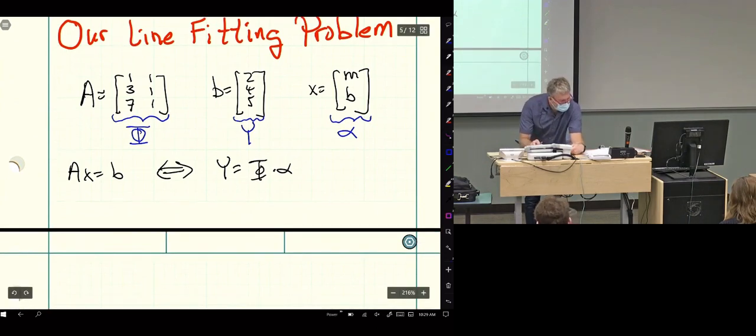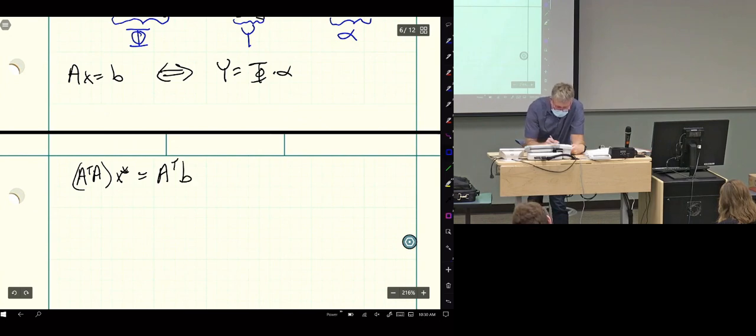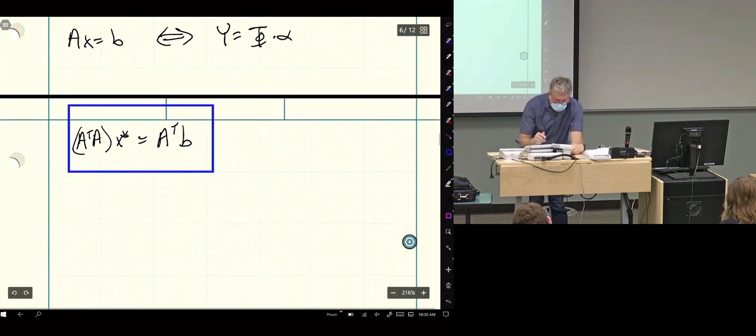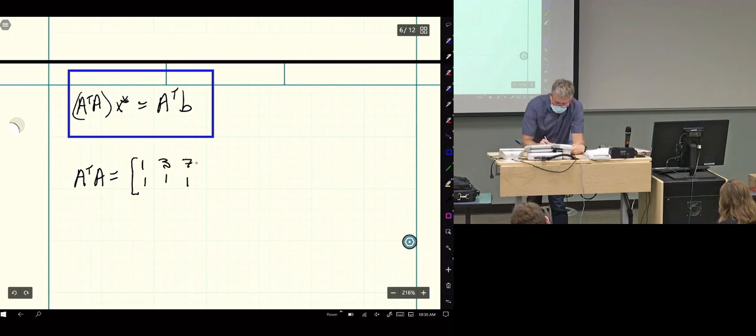So to apply our answer, we need to calculate A transpose A times X star equals A transpose B. So that's all we've got to do. And see, we get 1, 1, 3, 1, 7, 1 for A transpose.